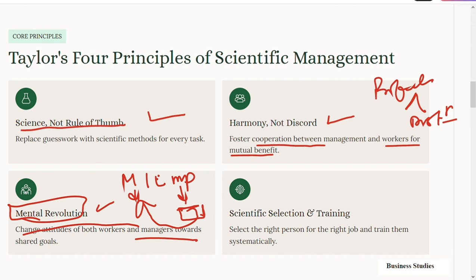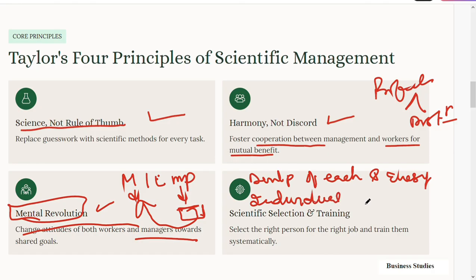The fourth one is development of each and every individual to their greatest capacity or efficiency, right?